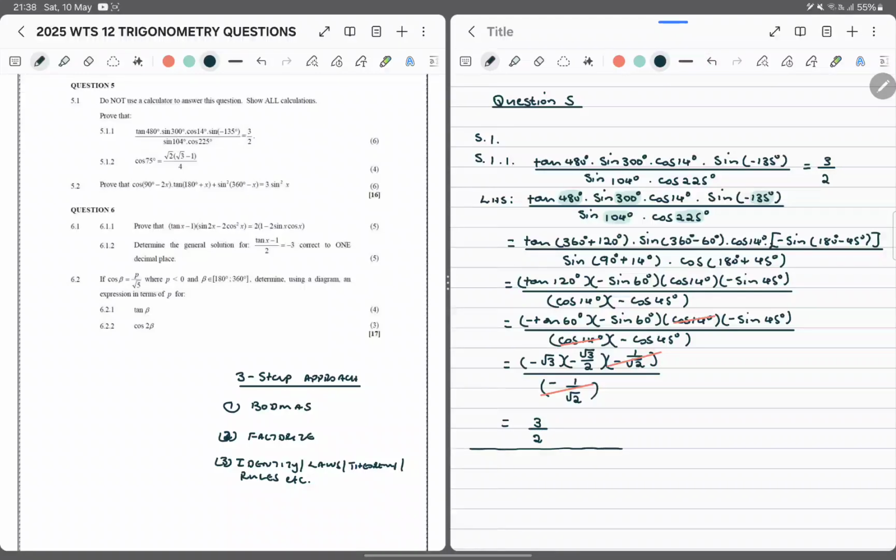So indeed, here we don't necessarily need to say the right hand side is equal to the left hand side, because this is too simple. It would be very challenging to complicate it. So let's just leave it at that. So how many marks do we score here? 6. Okay.